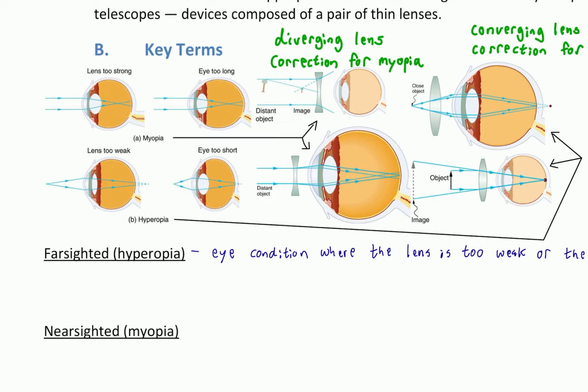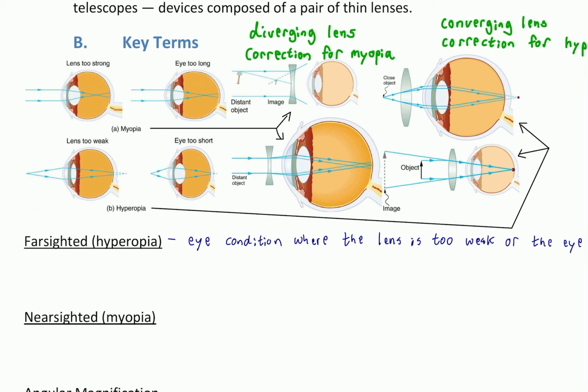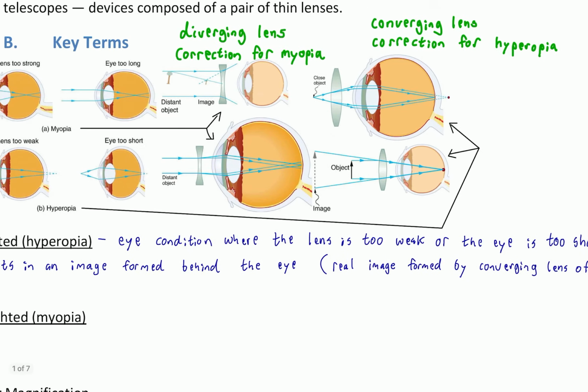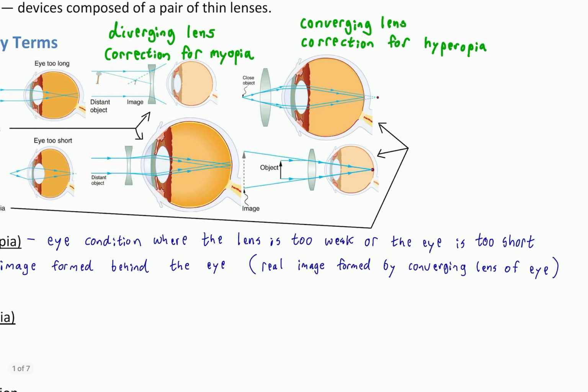What does that result in? Well, you can see from the ray diagram that it results in an image formed behind the eye. What type of image? A real image formed by the converging lens of the eye. That's always the type of image being formed in the eye. And since it is a real image formed by the converging lens of the human eye, it's always going to be a real inverted image.